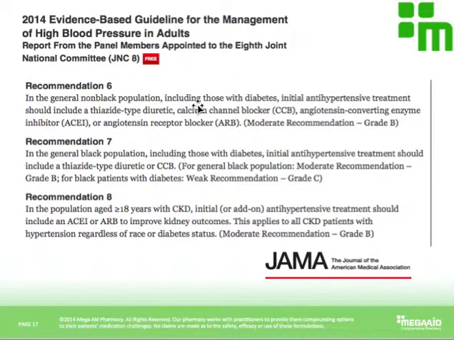This is JNC-8, and these are basically guidelines on how to treat high blood pressure in adults. These are published in the Journal of the American Medical Association, and you can see that these are very specific recommendations.